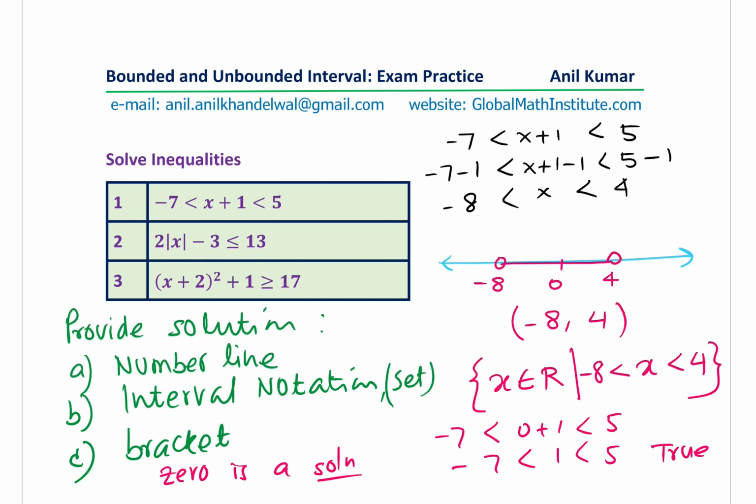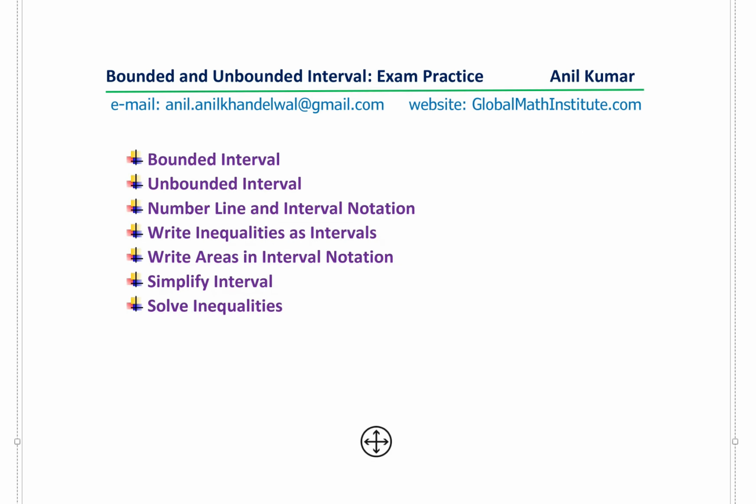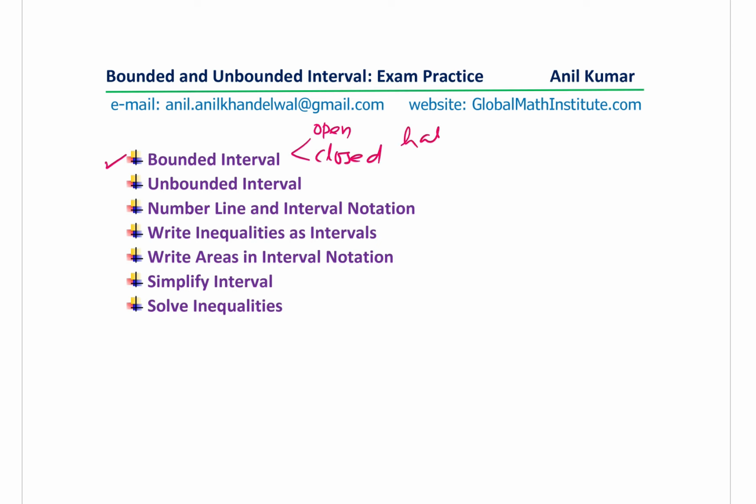So I hope with this you have understood what really the interval notation is, what is bounded. Bounded means finite, but it could be open or closed, right? So basically it could be open or closed, or it could be even half of this, right? As far as unbounded means, is it approaching infinitely large value, which could be positive or negative?